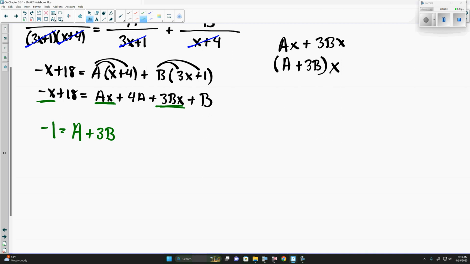Or if we know that those ax and 3bx are going to connect together, we don't need the x because they are in common. We can go straight to this here. The same thing is true with our 18, because the 18 is going to connect to our 4a and b. So we have 18 is equal to 4a plus b.